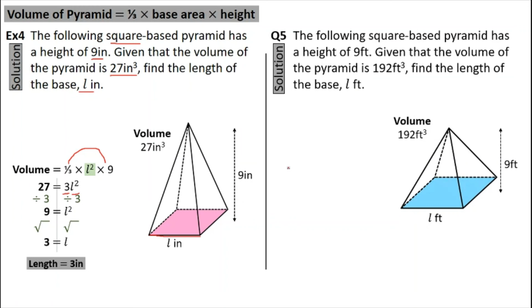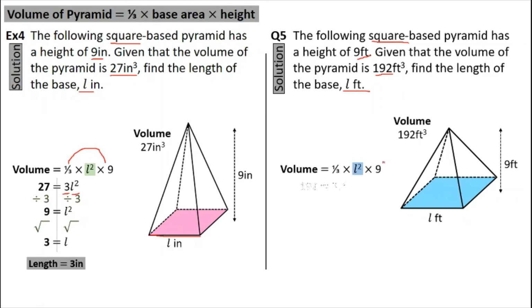And we had to square root it because it was a square. Here's a second example. Again, we have a square base pyramid, a height of 9 again, a volume of 192, and we want to know the length of the base. Start off with the formula. I've substituted in already the fact that it is 9 tall.